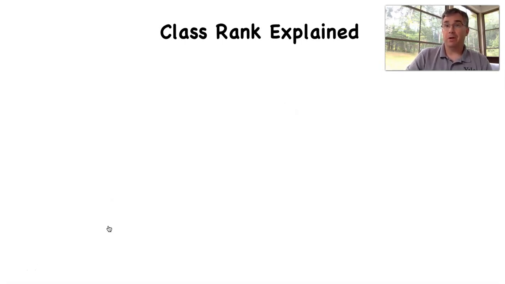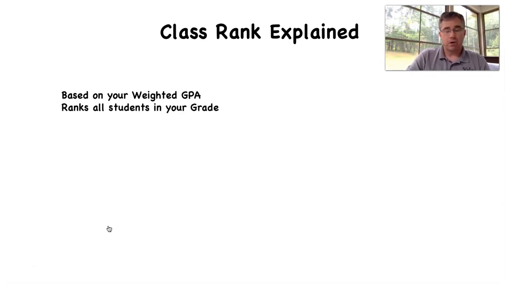So, explaining a little bit about class rank and why that is another number that we use. As I said, it is based on your weighted GPA. It ranks all of the students in your grade or cohort. All of the students that started high school in the same year stay in the same cohort for 4 years, and it is a way to line you up with your grade. That's an important statistic because all of the students in your grade have had relatively the same experience, right?